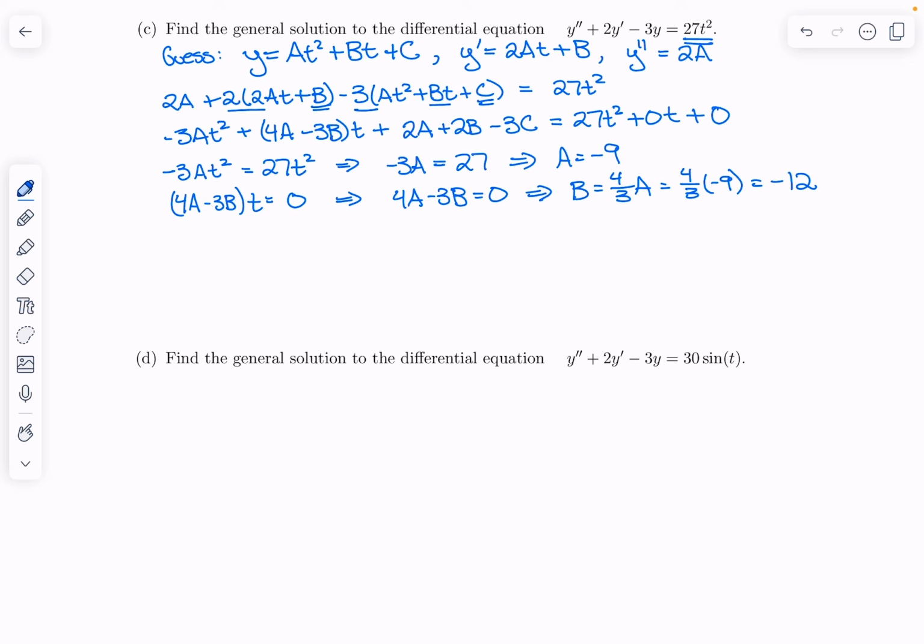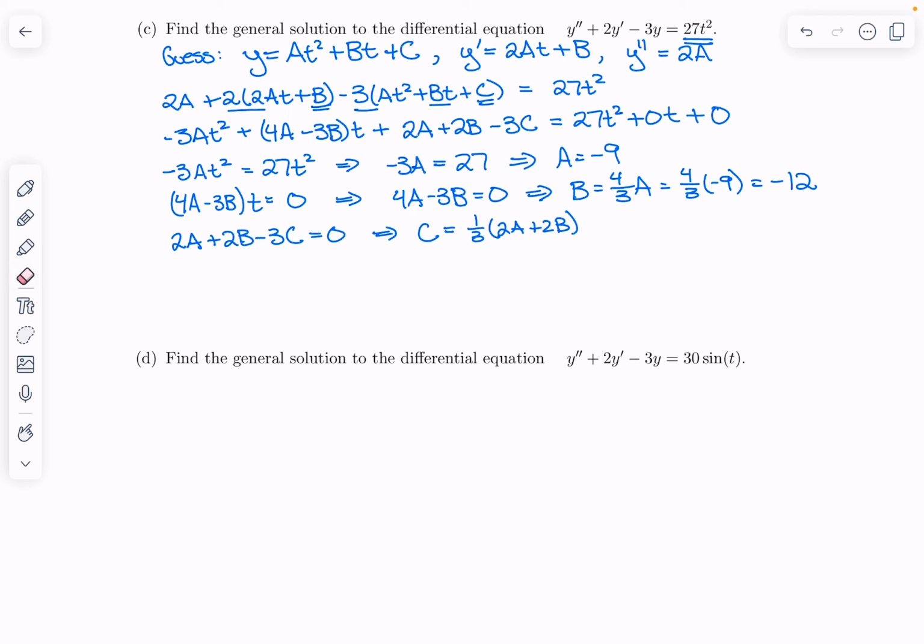Now the constants tell me that 2a plus 2b minus 3c must equal 0. And that tells me that c must be one-third of 2a plus 2b if I'm solving for c.